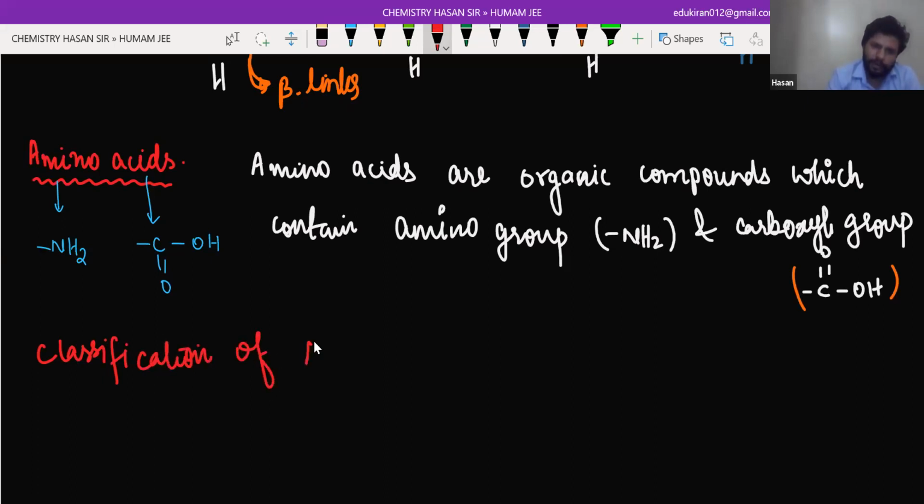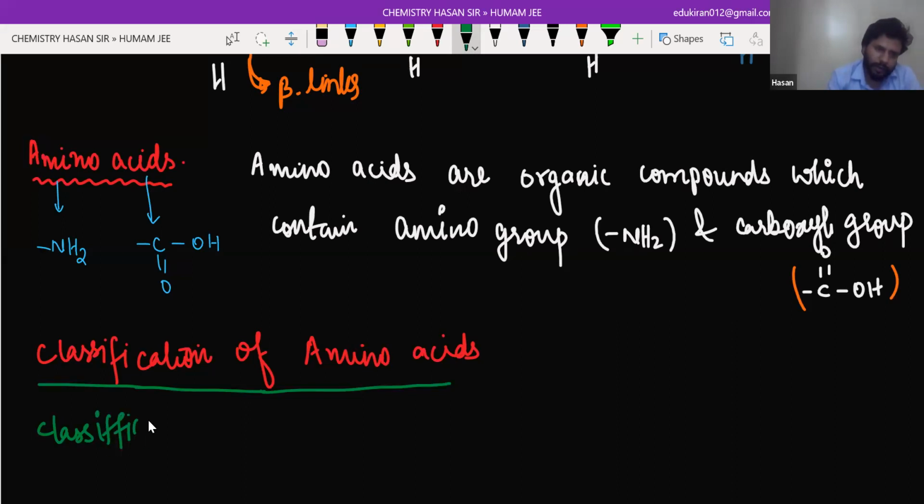Classification of amino acids. Basically, this classification is on the basis of the relative position of the amino group NH2 and carboxyl group.